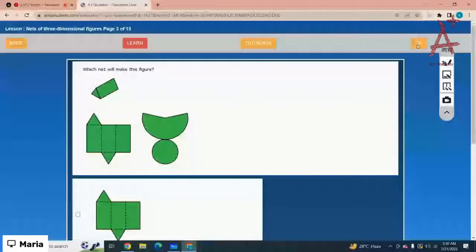One. Which net will make this figure? That would be the first one with the triangular faces.